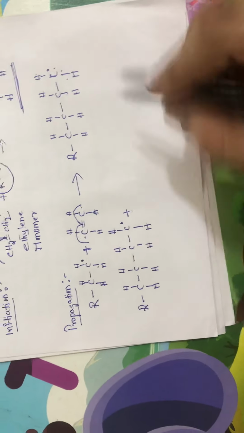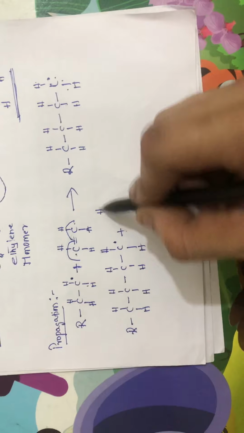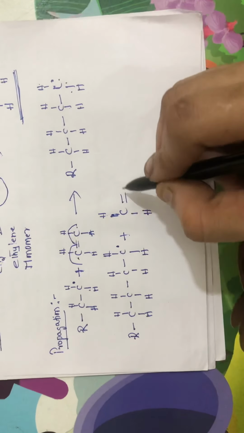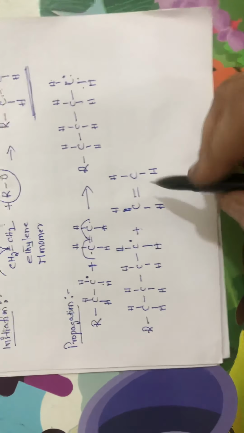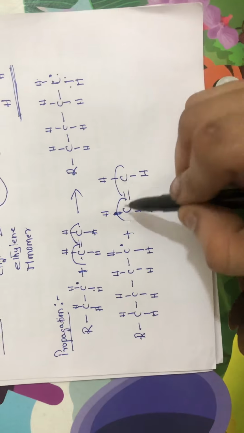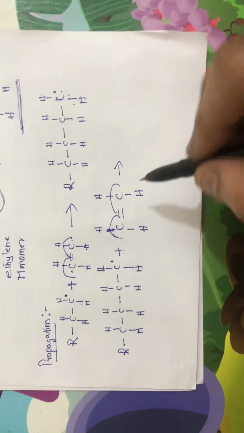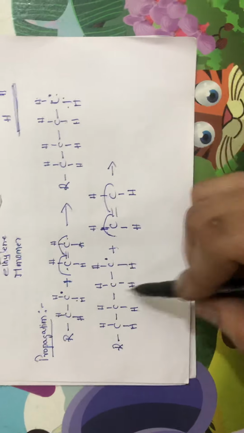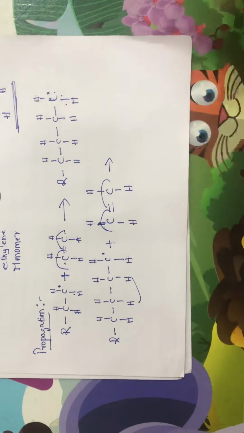Now this will come in contact with another fresh monomeric unit. What is that? Another fresh monomeric unit, CH2 double bond CH2. Now the double bond breaks into single bonds by forming two active sites, one at each carbon. Now the active site calls this one to come and join with this, forming a long chain.